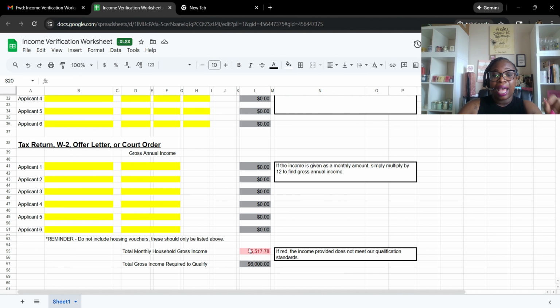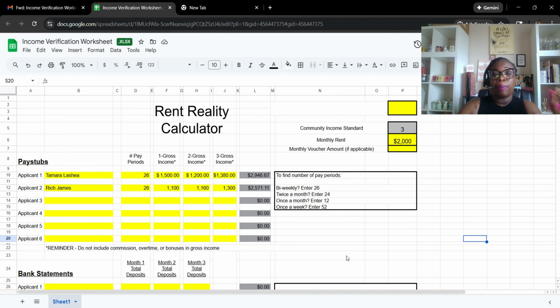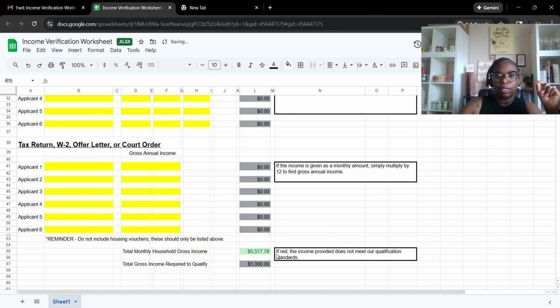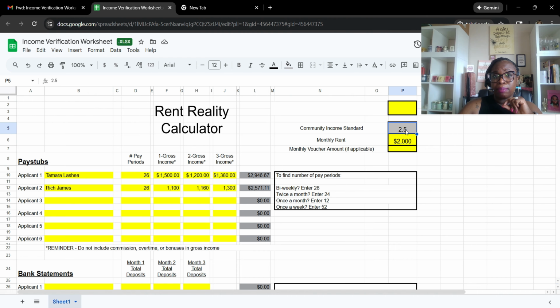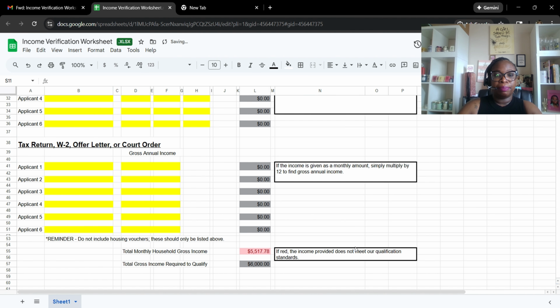They cannot safely afford to live in a community or rental property that costs $2,000 a month, especially with a community standard of 3 times the rent. Now, if this was 2.5 times the rent, let's see. At 2.5 times the rent, they can safely afford it. But at 3 times the rent, this same couple cannot afford it.